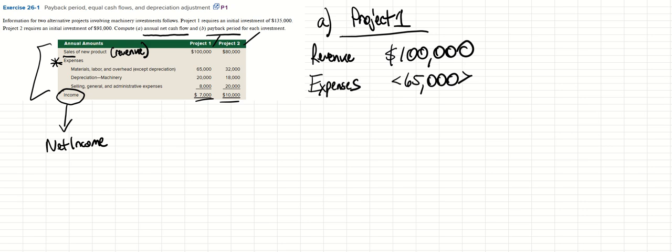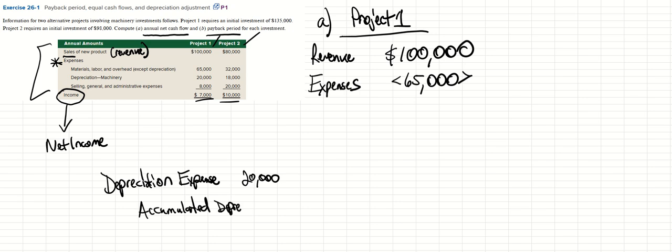So you debit depreciation expense, in this case for $20,000, and then you credit accumulated depreciation for that same amount. Notice this entry does not affect cash. You don't see a debit to cash or a credit to cash. So this is a non-cash expense.